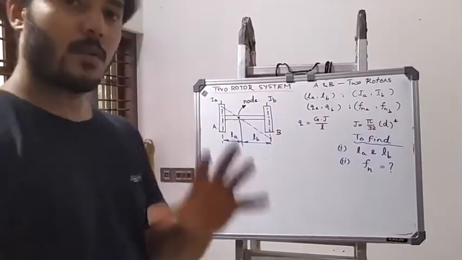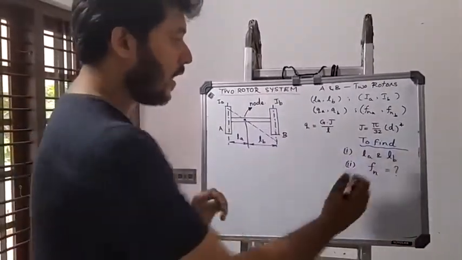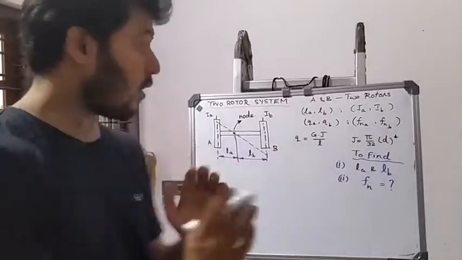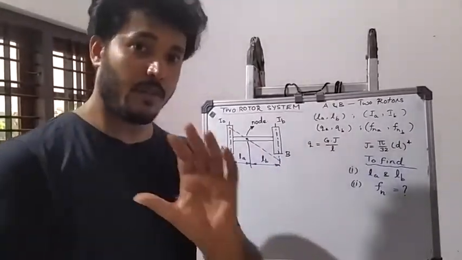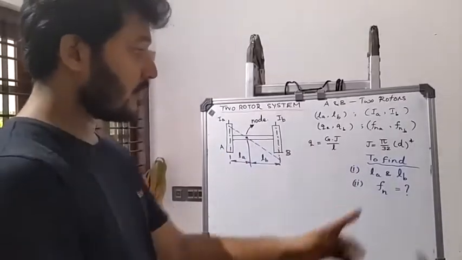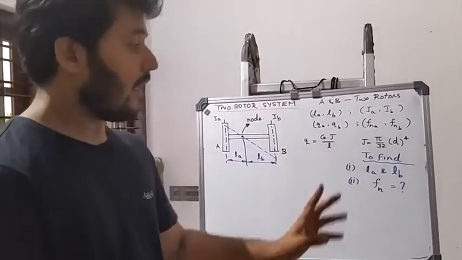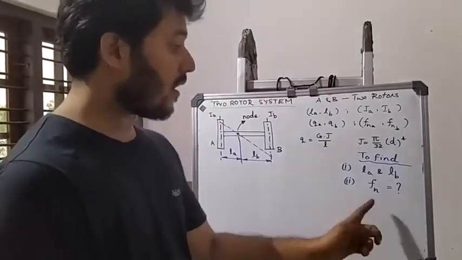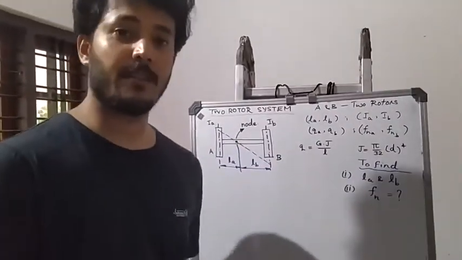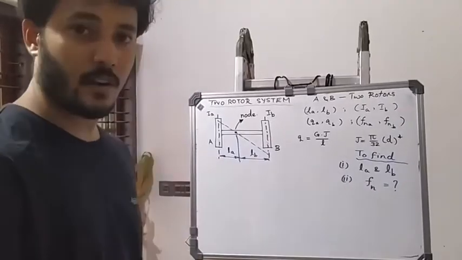Generally, the question may ask you to find the node of vibration, that is, the location of the node of vibration. For a two rotor system, this is nothing but finding the length LA as well as the length LB. Secondly, you may be asked to find the natural frequency of vibration.